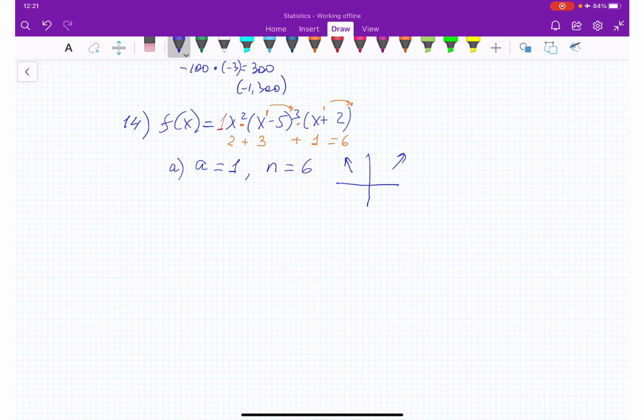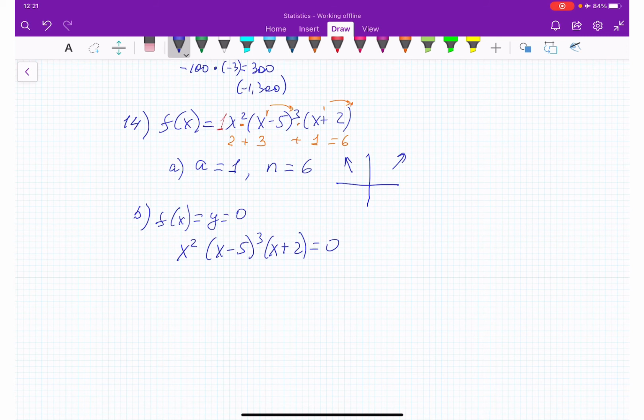Next we are going to get the x-intercepts. So for part B, we need to take f of x equal to y equal to 0. Therefore, for the x-intercept, x squared times (x minus 5) cubed times (x plus 2) is equal to 0.